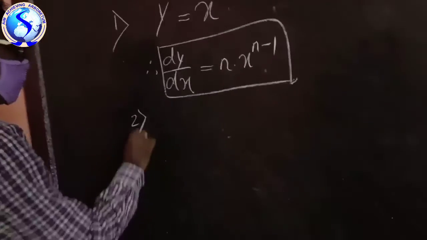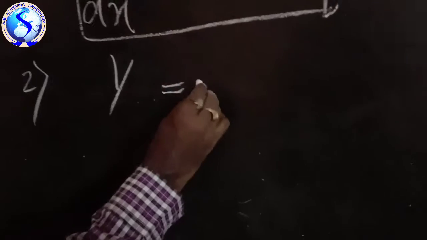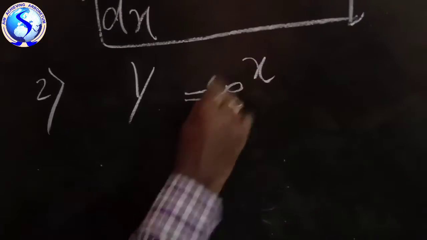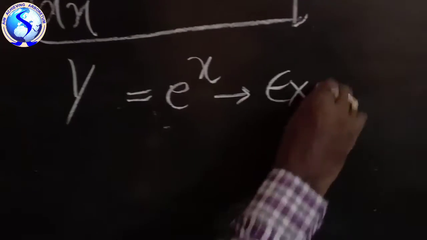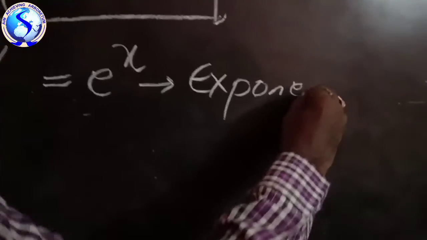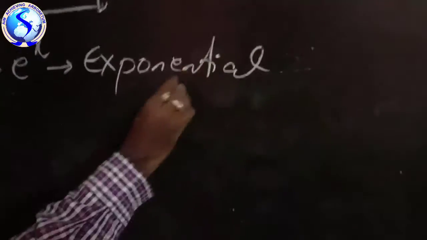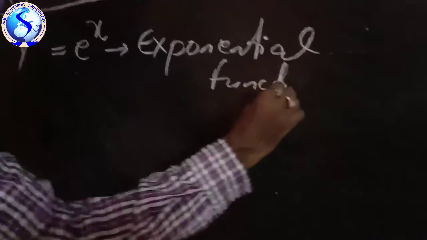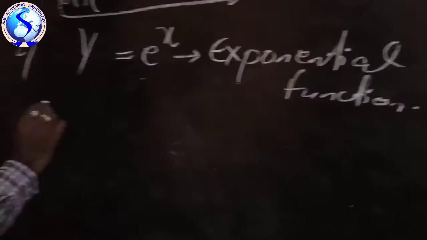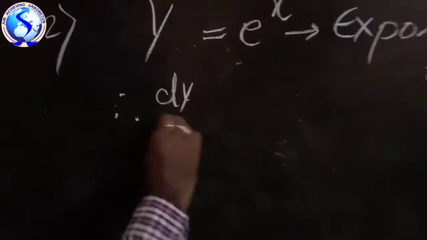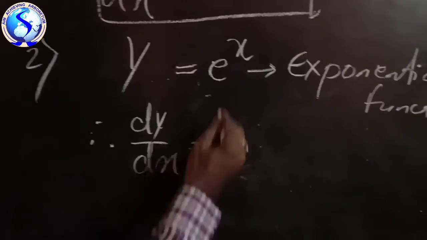Number 2. Suppose y is the function e to the power x, the exponential function. Then in this case, dy by dx will be the same thing.